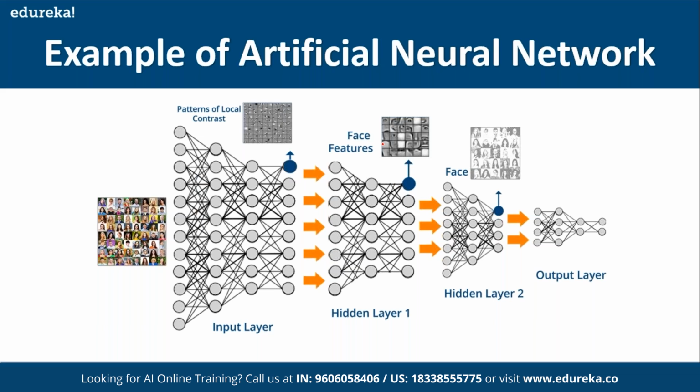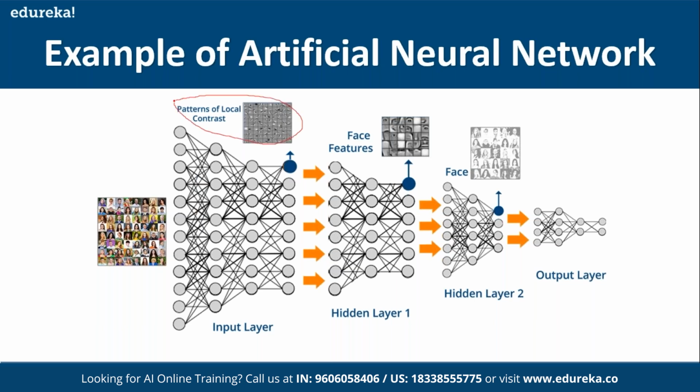Suppose you see a group photo, for example your childhood school group photo or college group photo, and you are trying to identify one of your close friends, and it has been like 5-10 years since you completed your schooling. How do you do that? You first try to identify the various faces, which are the patterns of local contrast.